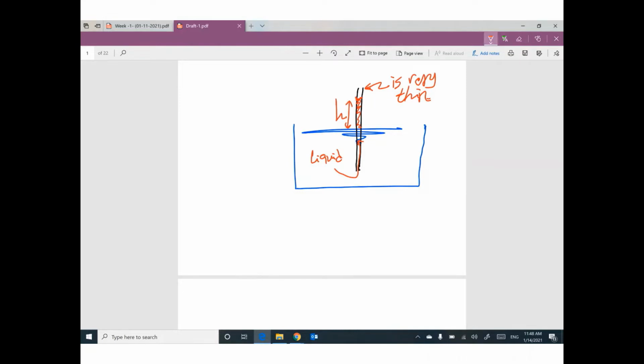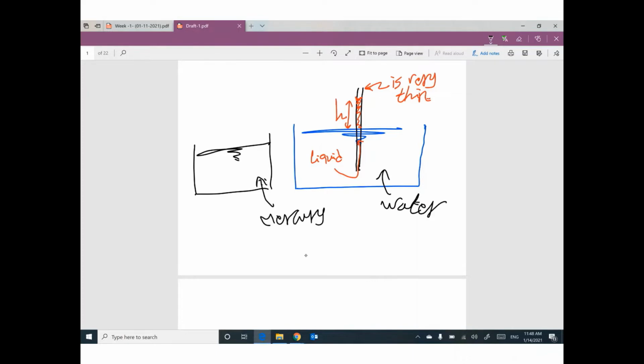Probably if you have a different liquid like mercury, and this one is probably water, and you put the same tube, we can expect a drop in the liquid by distance h.